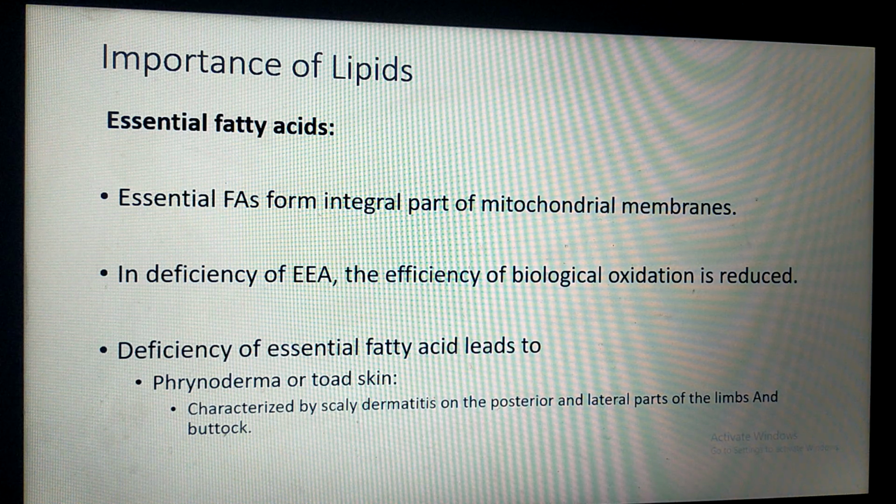Deficiency of essential fatty acid leads to decreased efficiency of biological oxidation. Deficiency of essential fatty acid leads to phrenoderma or toad skin, which is characterized by scaly dermatitis on the posterior and lateral part of limbs and buttocks.